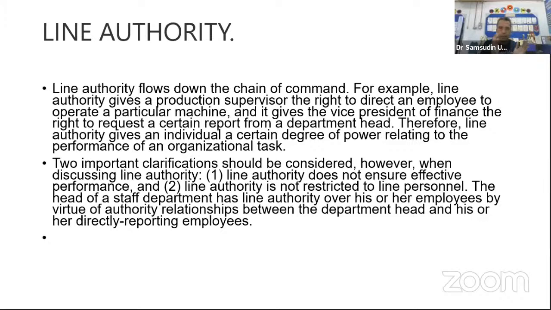So this line authority flows from the top, and it depends on the department. If it is the manufacturing department, we have a manufacturing manager, after the manager a supervisor, and then production operators. That is one example of line authority.